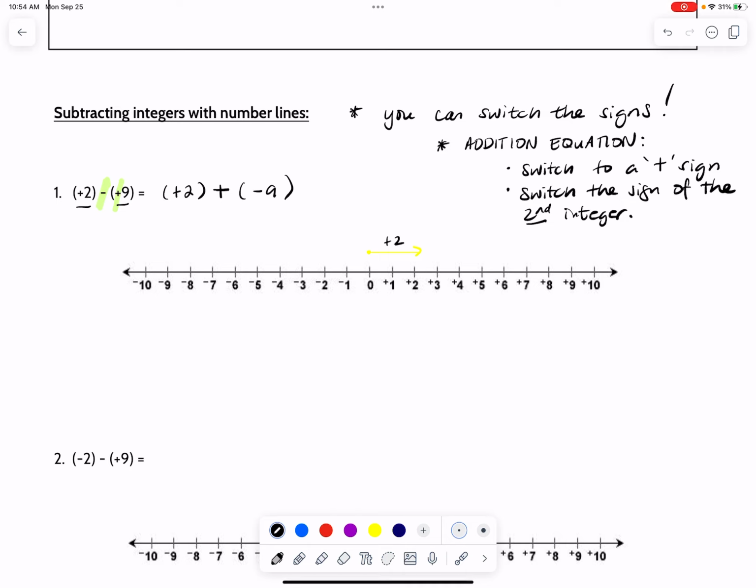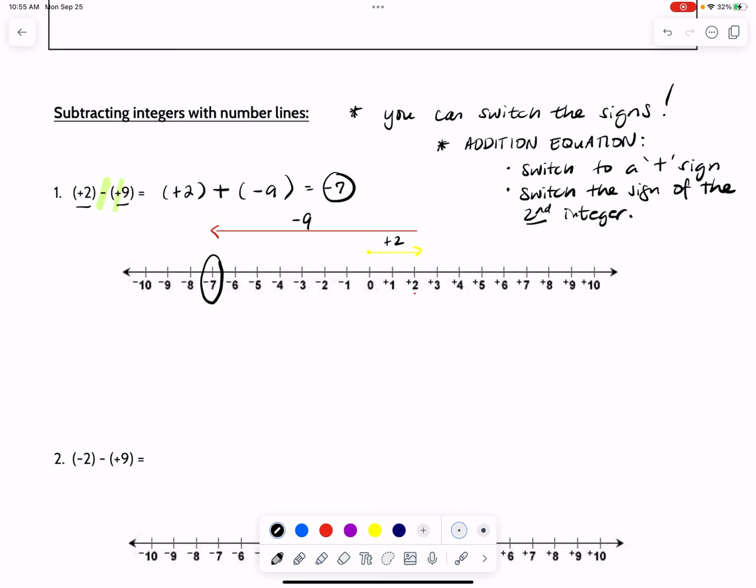Now I'm going to start from positive 2, and I'm going to go back negative 9 spaces. And I'm going to use a ruler as well. I hope you're doing the same thing. So you're going to go back negative 9. Okay, so your answer is negative 7.